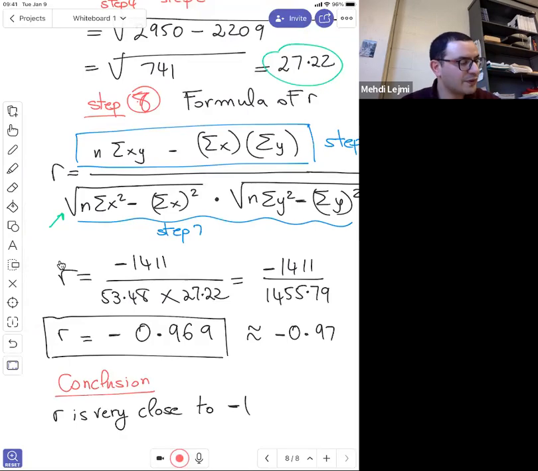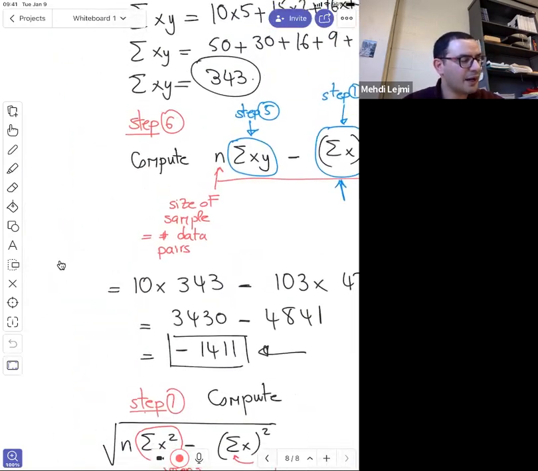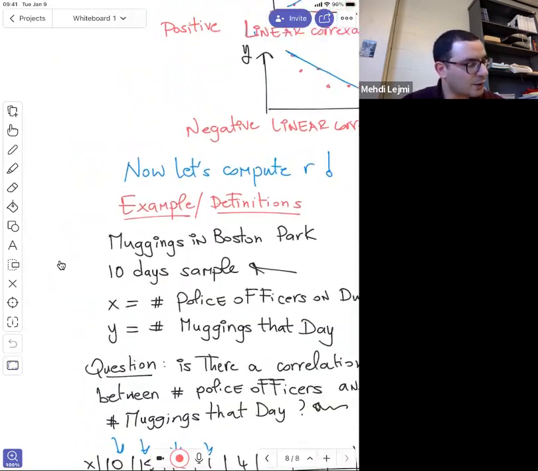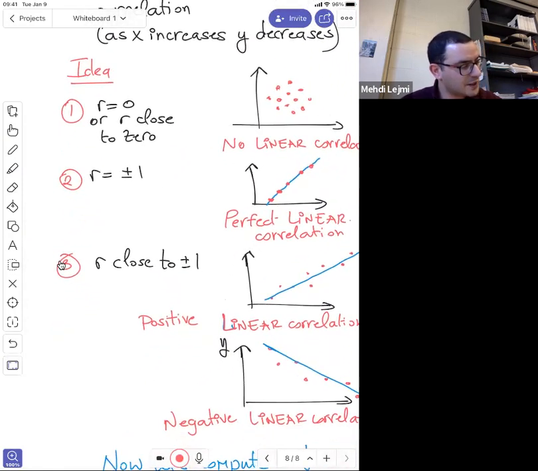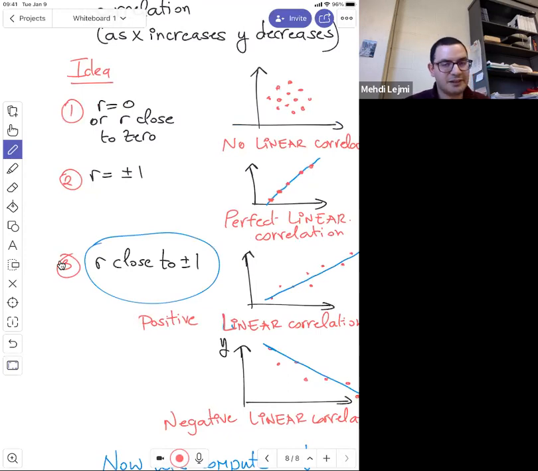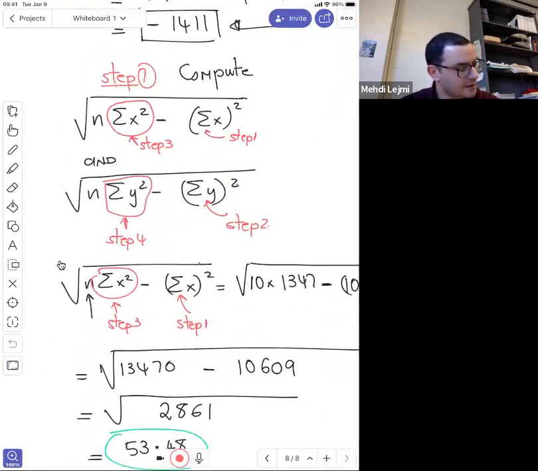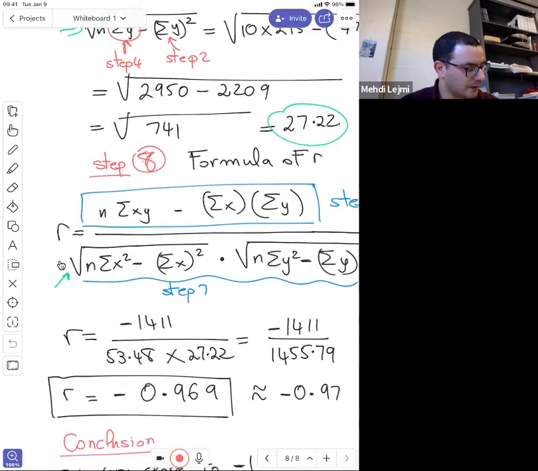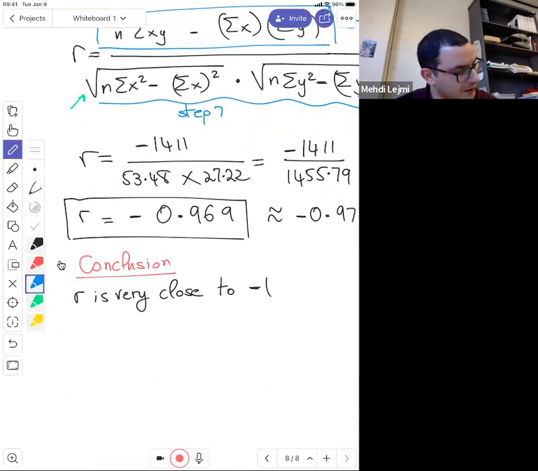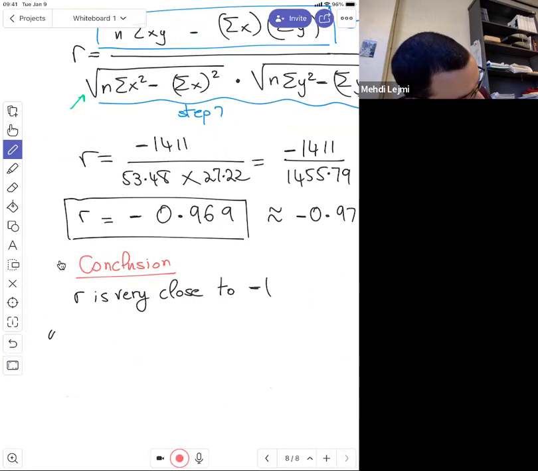And when you are very close to negative 1, remember, guys, we said if R is close to negative or positive 1, then we have a linear correlation. And of course, if it's negative, then it's a negative linear correlation, right? So here we have a negative linear correlation, because R is very close to negative 1.